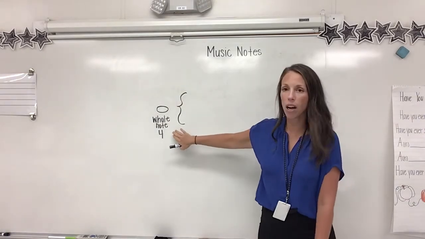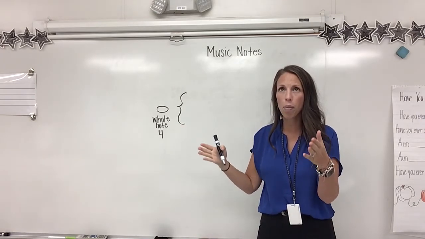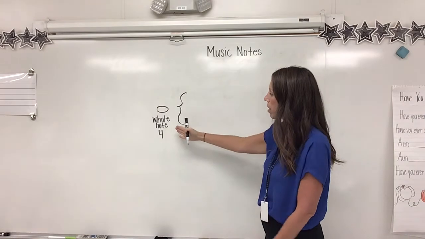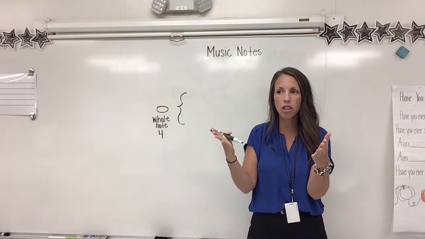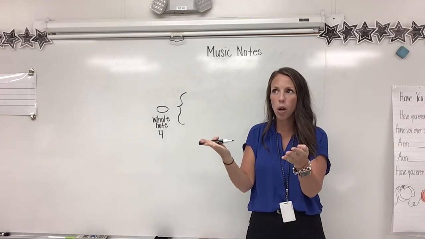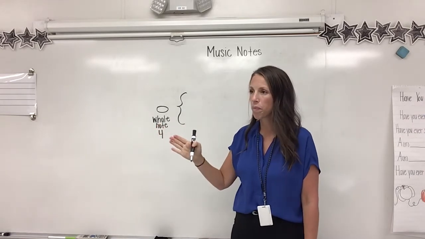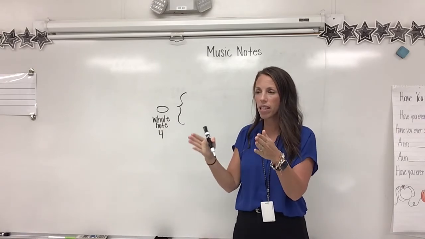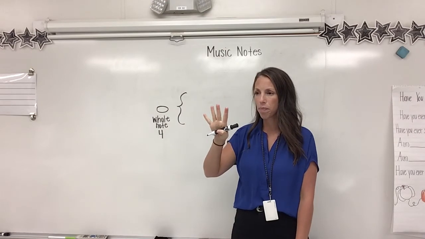So now we're going to take our whole note and we're going to break it into equal parts. So we're going to think about taking that whole note and dividing it into 2 equal notes. So if we took a whole note and we broke it down into equal notes, remember, a whole note gets 4 beats.